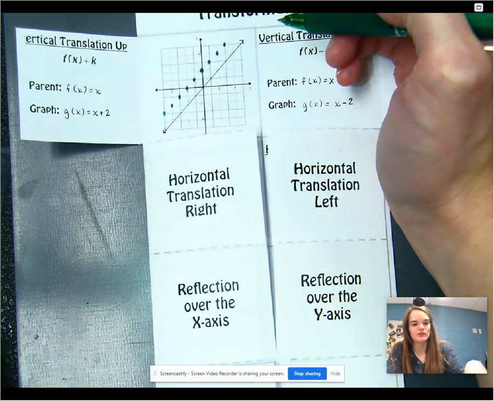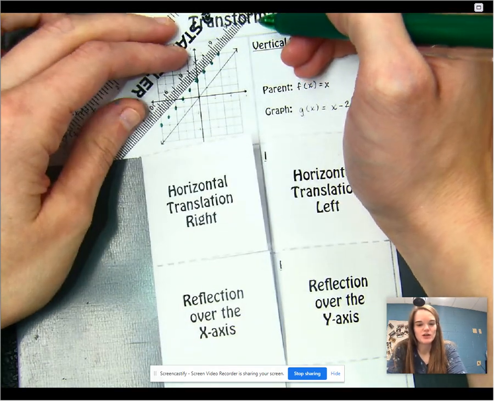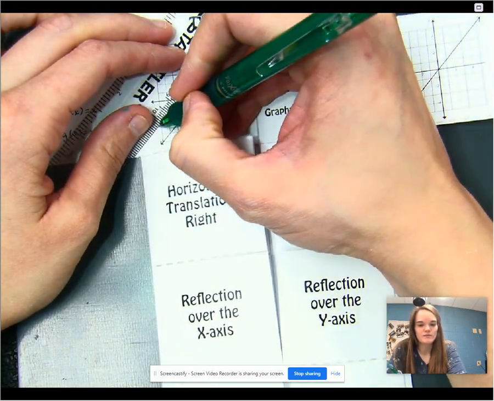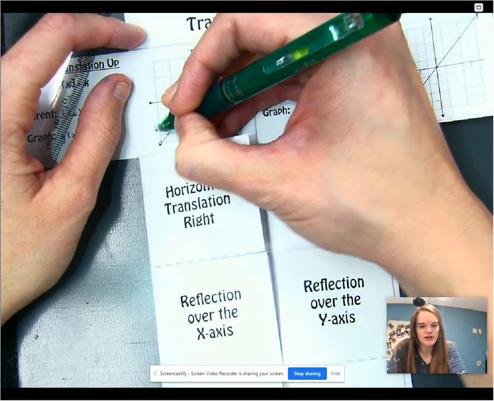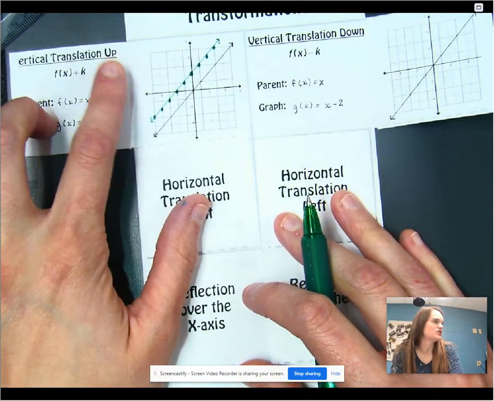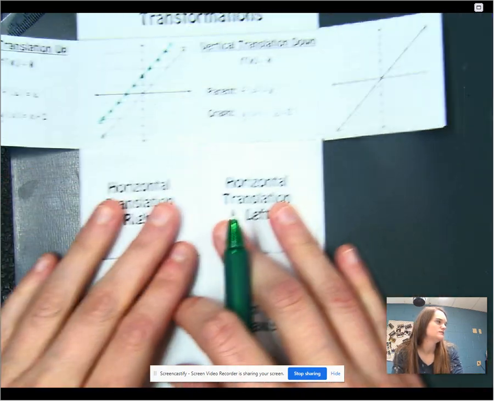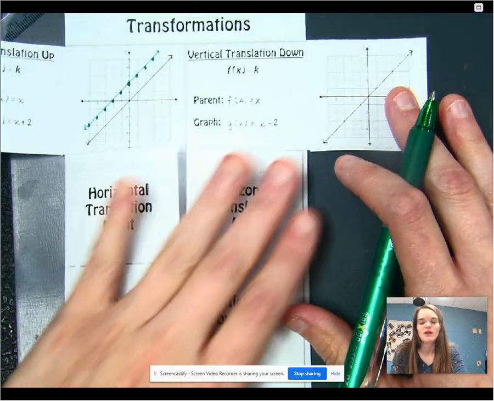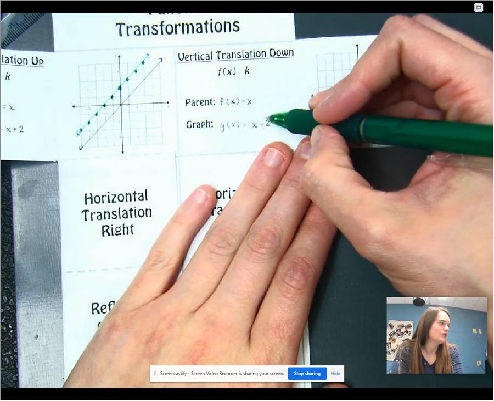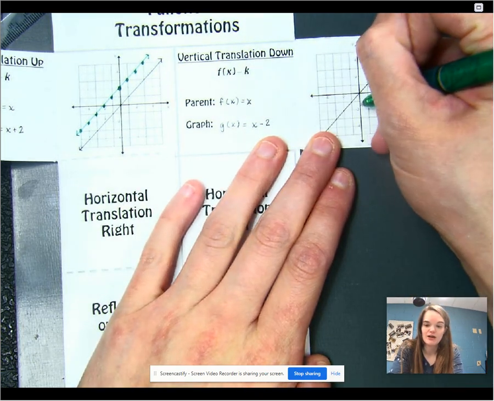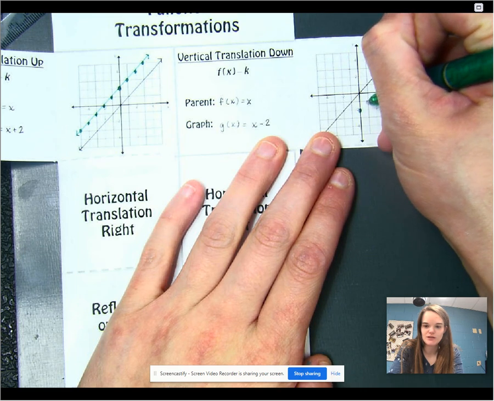Then I'm going to graph this. So from the parent function, I have moved up 2. So I've transformed that by translation up 2 units. Okay. Down is, of course, when you subtract from the value. So I have minus 2. That means I'm going to move down 2 for every point.